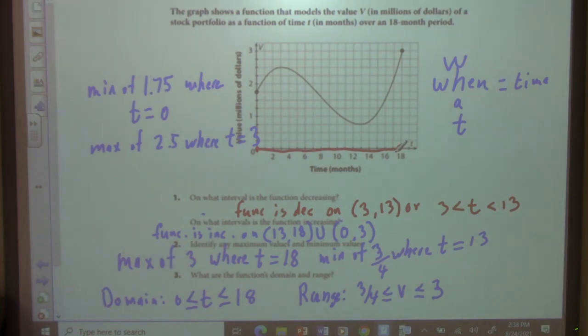Is that helpful? And similarly, for the range, you collapse this thing, you start where y, or in this case v, is equal to 0.75, and go all the way up to v equals 3. If it had started at like 4, then 4 would be less than or equal to 3. Here it's starting at 0.75. Okay, so yeah, that's right.